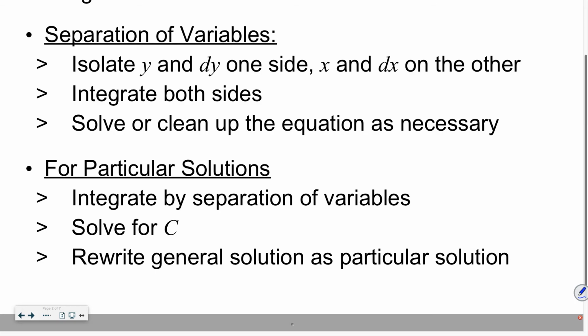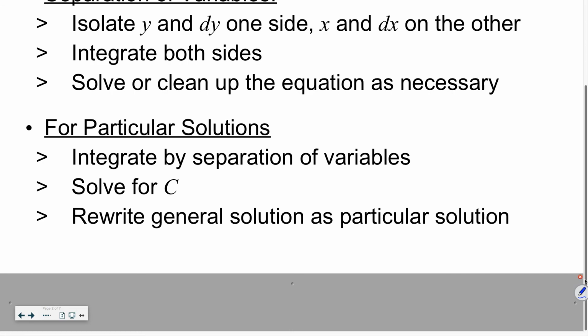So instead of y equals x squared plus c, maybe we would be writing y equals x squared plus 5, or whatever it is. We're basically solving for c and rewriting it. So we'll do two examples for each of these types of problems. Even though I'm teaching you a new technique, we're still doing our same integration from Unit 4. You just got to brush up a little bit.